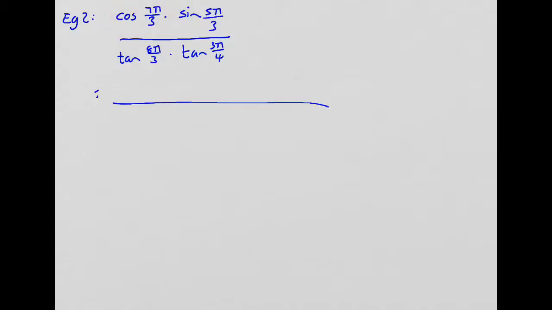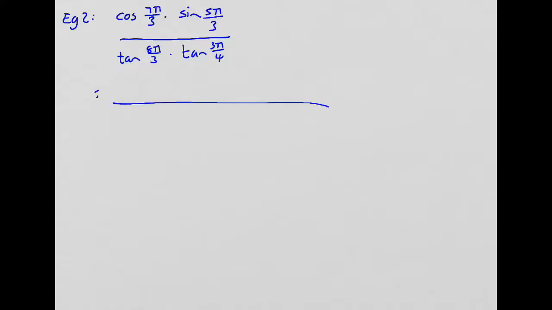We need to look for the multiple of the denominator that is closest to the coefficient of the numerator. So we have 3, 6, 9. So clearly, what do you think is closest in terms of the multiples of 3 to 7 pi? Yes, it's 6 pi. Well done, girls.